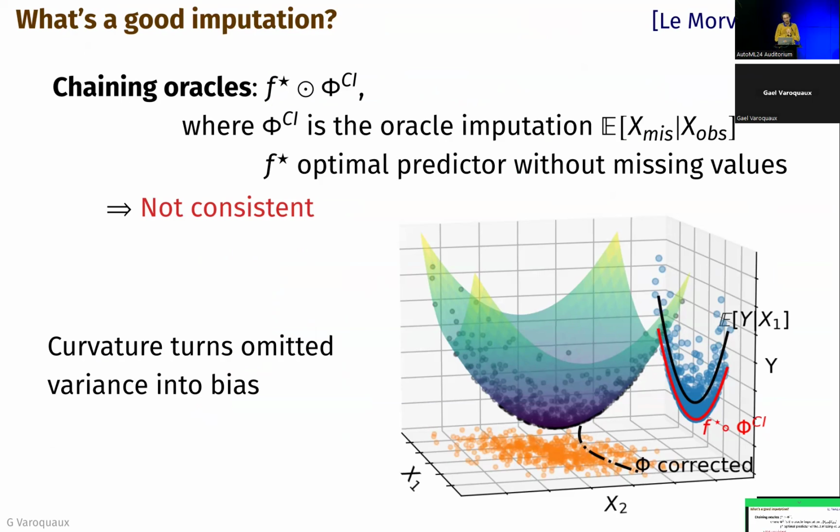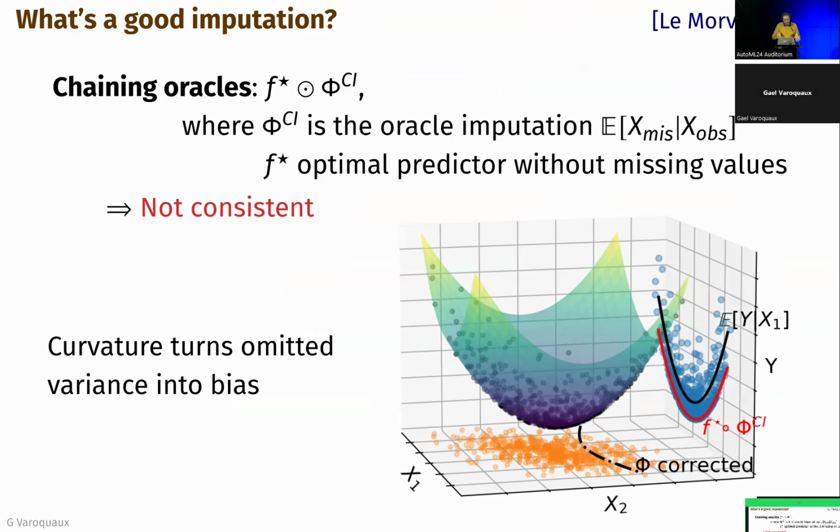So chaining the oracle conditional expectancy of the missing given the observed with the oracle predictor without missing values doesn't give an optimal predictor, doesn't give a consistent predictor for data with missing values.